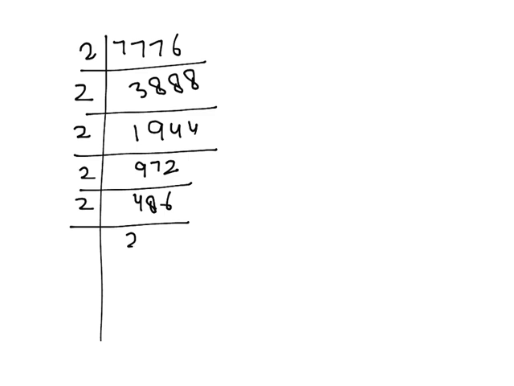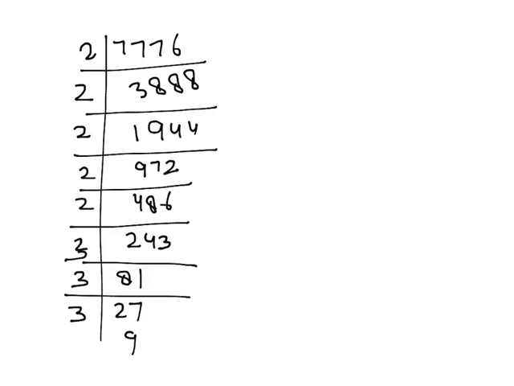Then 243. Then we will get, sorry, it will be 81. Then we will get 27. Here is 9. Here is 3. And here we will get 1.